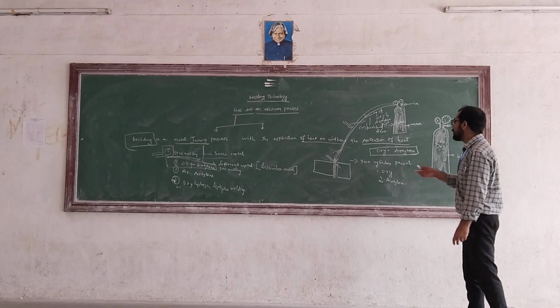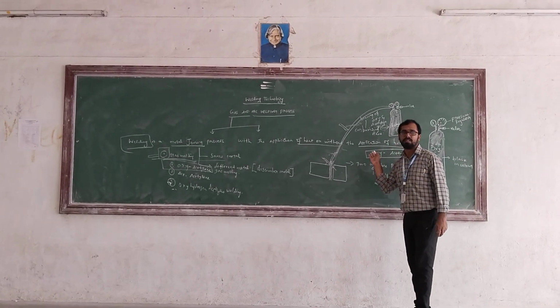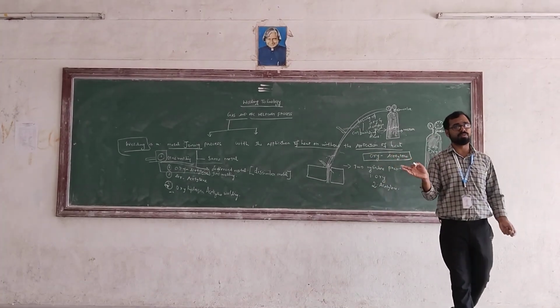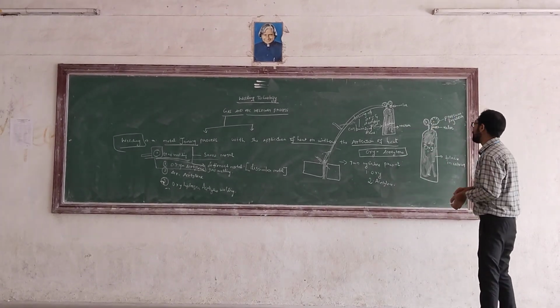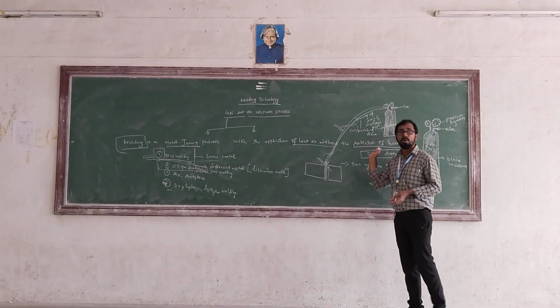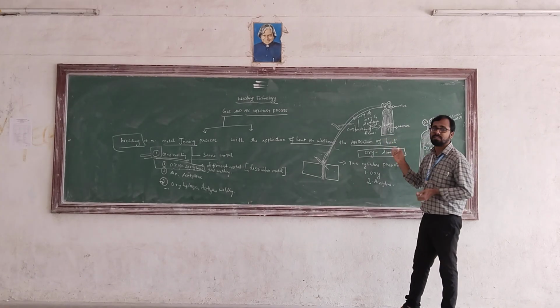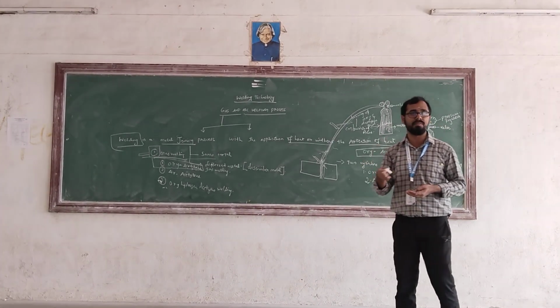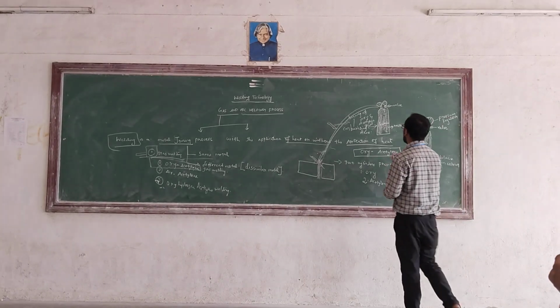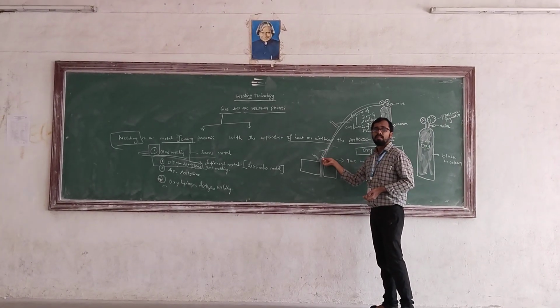Here we use gas, mainly oxygen gas and acetylene gas. Oxygen and acetylene gases are mixed together in the mixing chamber, and finally the flame comes out from the nozzle.